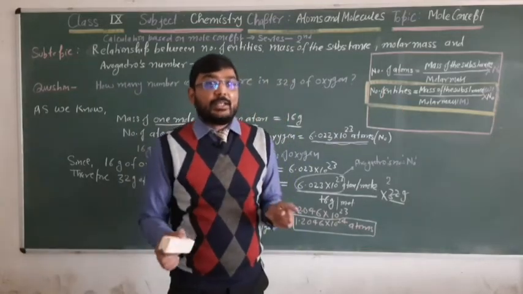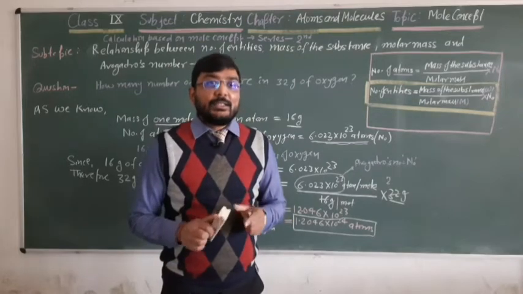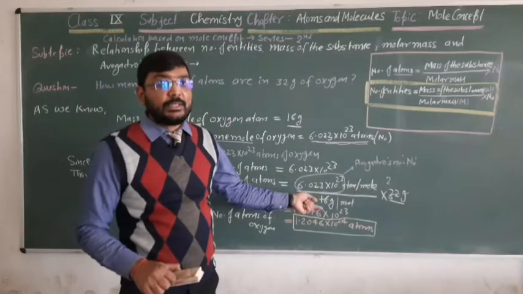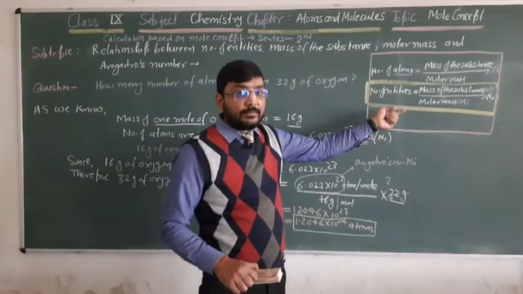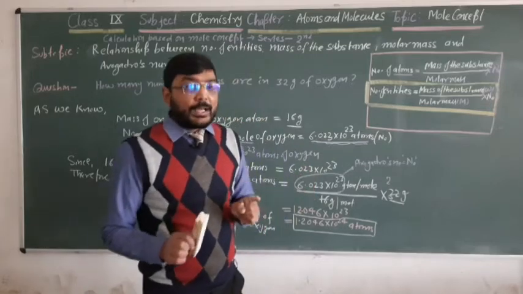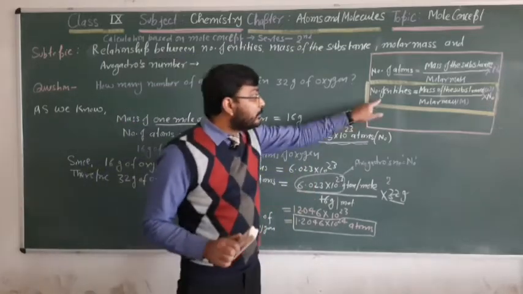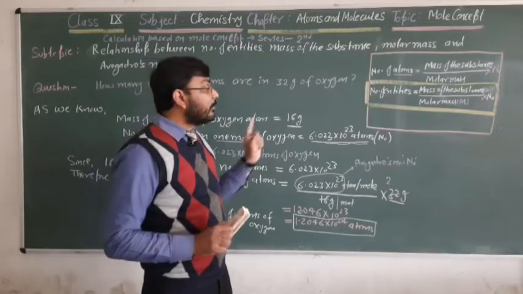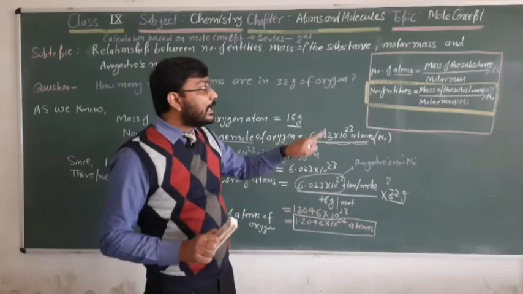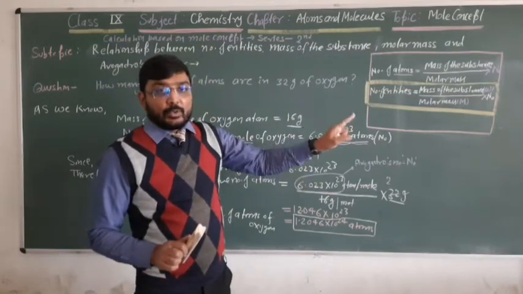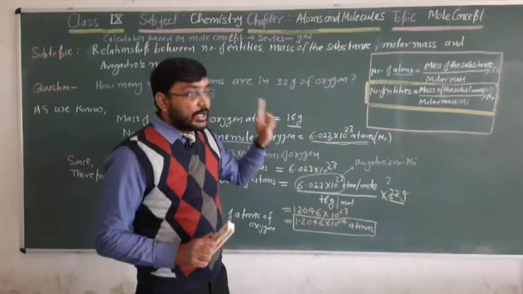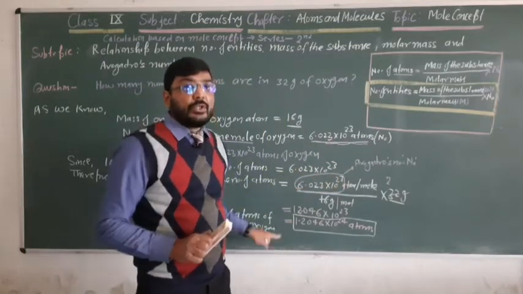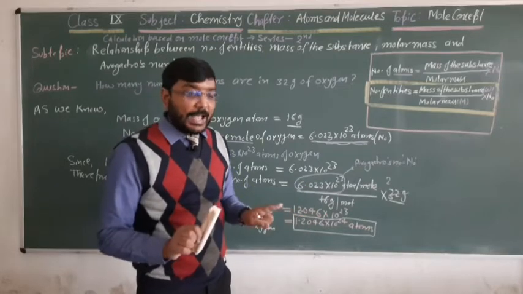No need to be confused. As a chemist we directly use the formula instead of the unitary method. Here I explain how this formula arises. In the earlier video I derived that number of mole is equal to mass of the substance divided by molar mass. Both formulas are derived just by applying the unitary method, nothing else.